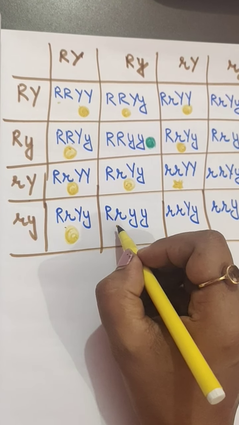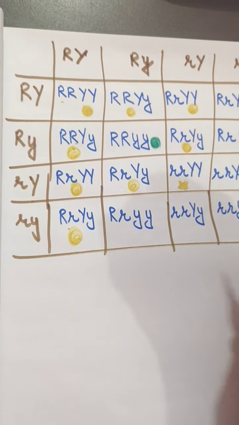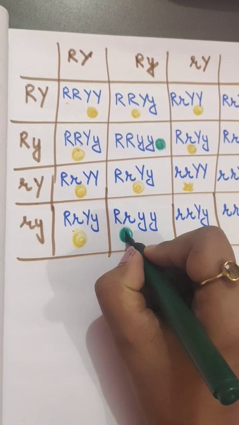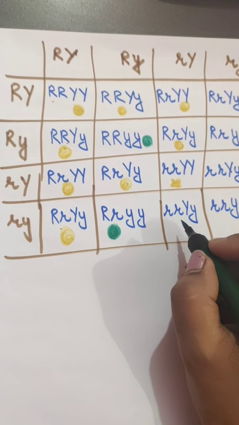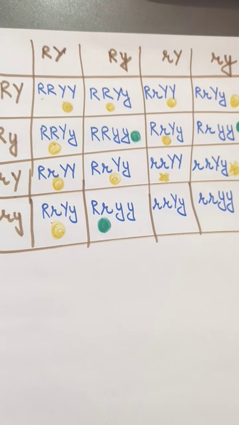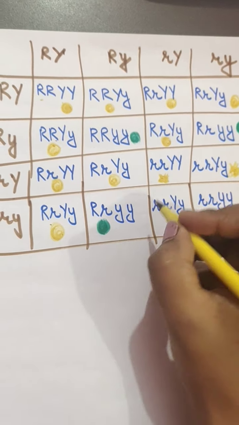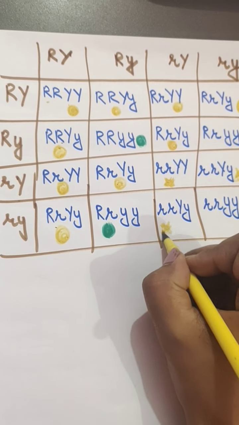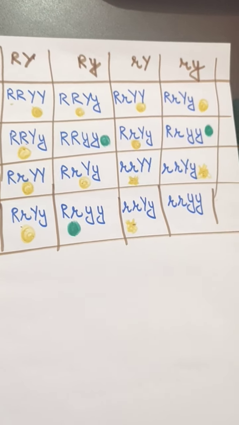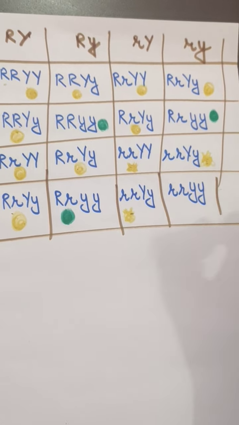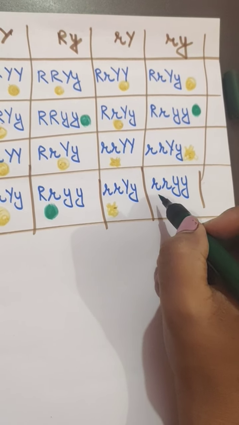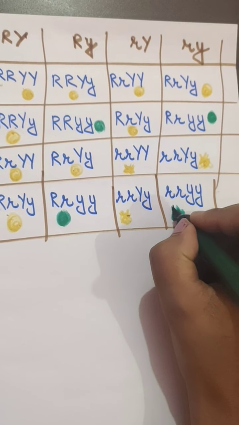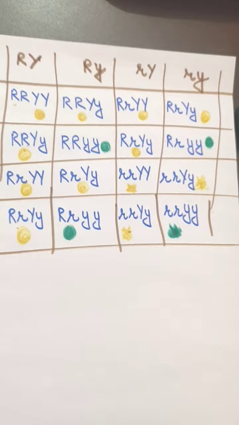Again round shape but green color. Again the color will be yellow but the shape will be wrinkled. Here everything will be in the recessive form, so the shape will be wrinkled and the color will also be green. Okay, so this is the type of seed.